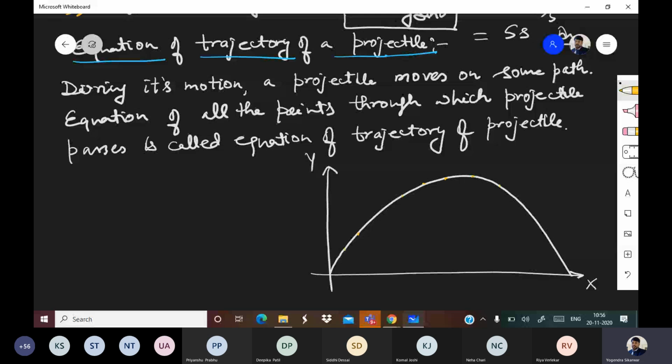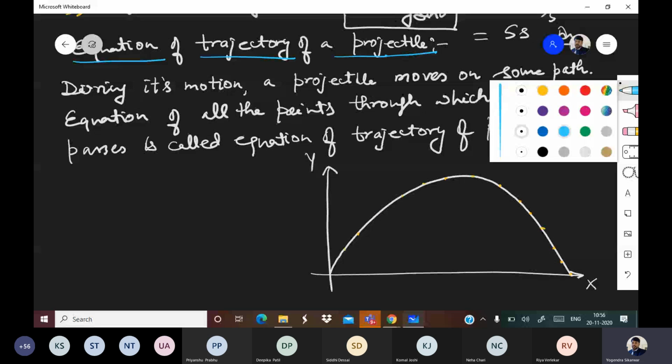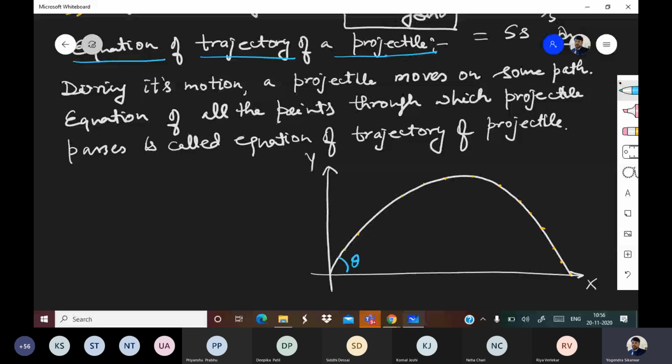Now, how can you represent all these points? All these points can be represented by one equation, and that equation will be called the equation of trajectory.